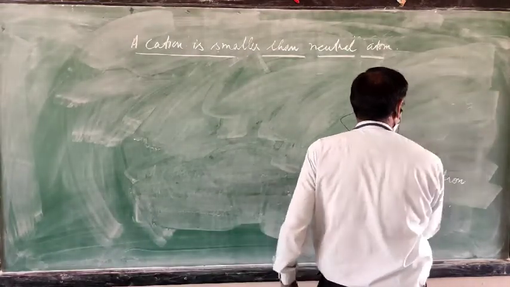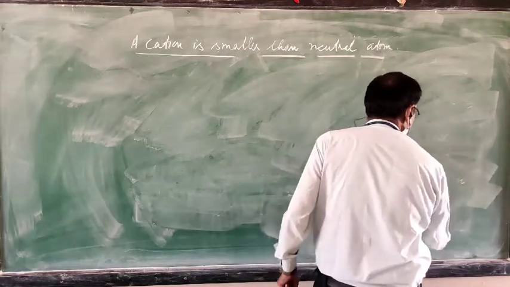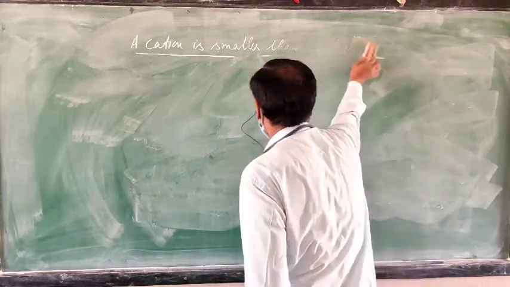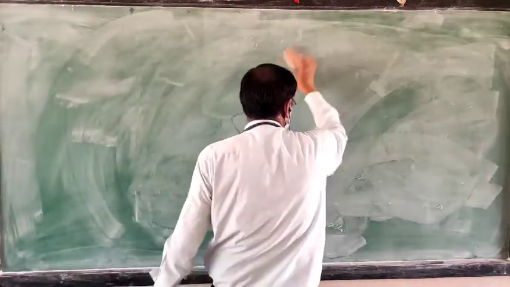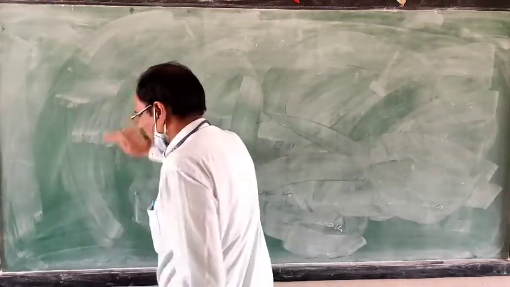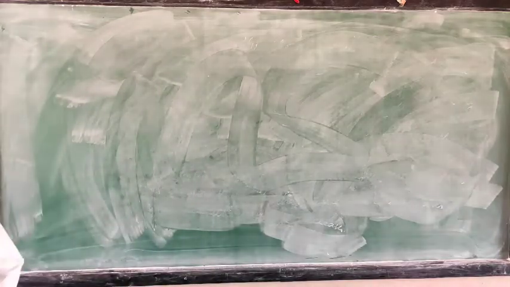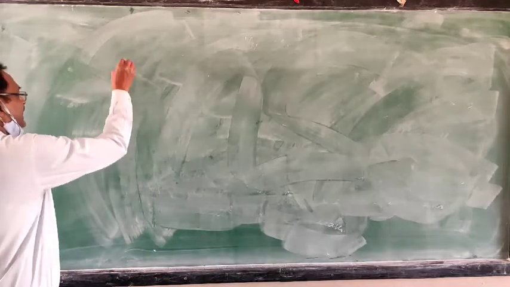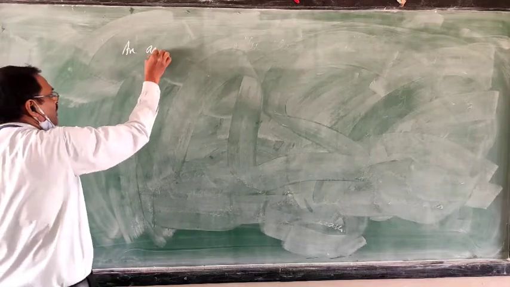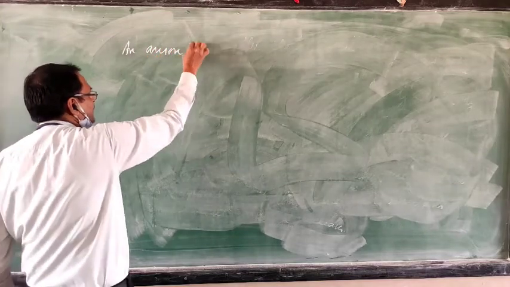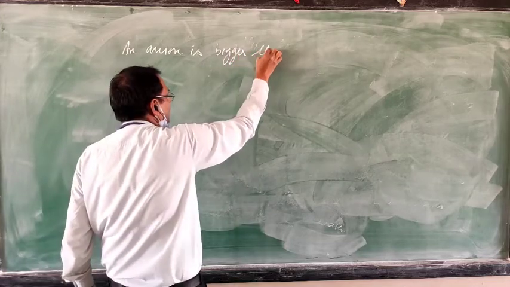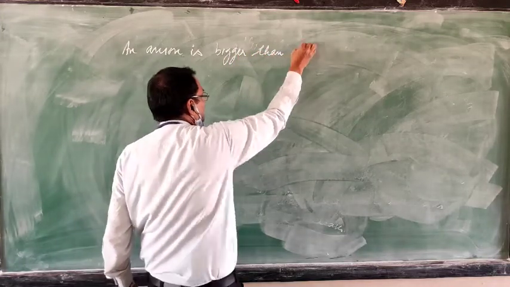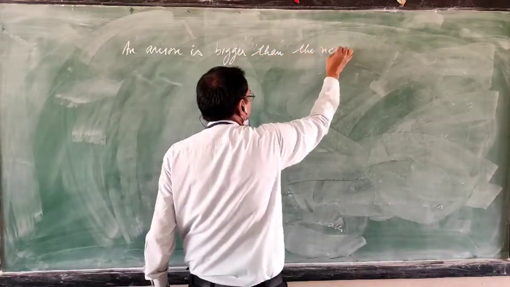So anion is the negative ion, and an anion is formed by gain of electron. An anion is bigger than the neutral atom.